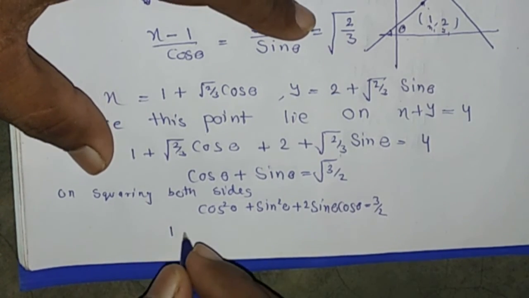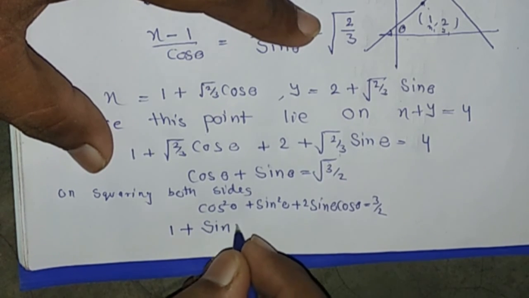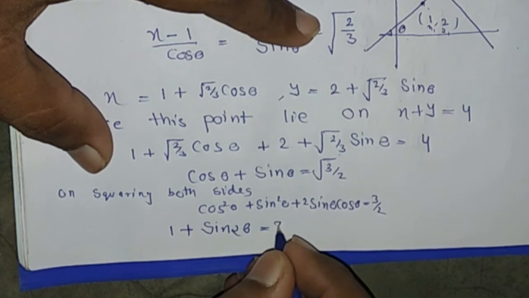Cos square plus sin square is 1. 2 sin theta cos theta is the formula of sin 2 theta, equal 3 by 2 minus 1.